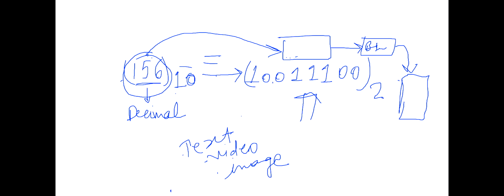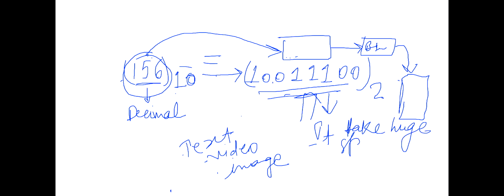One problem with this binary representation is that it takes a huge amount of space in memory compared to this.